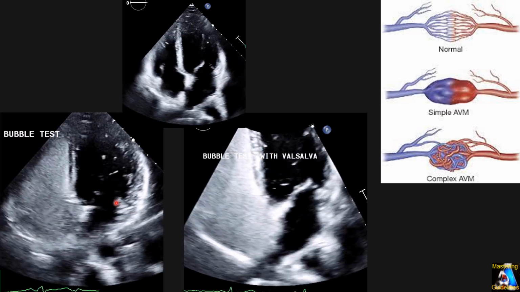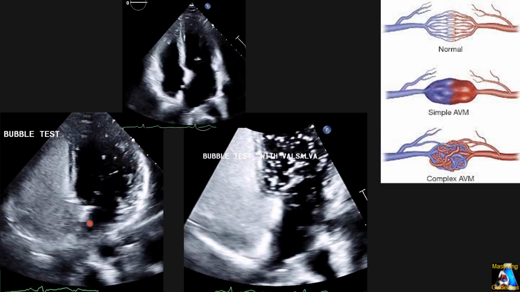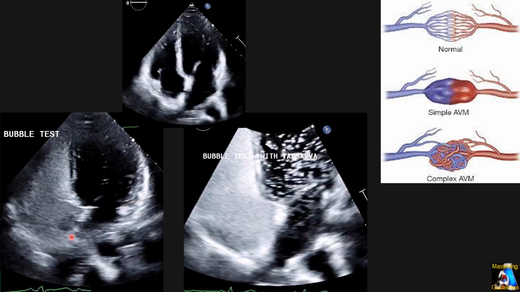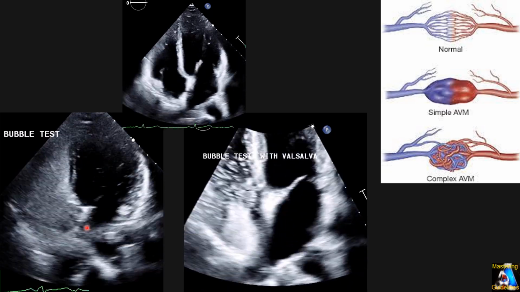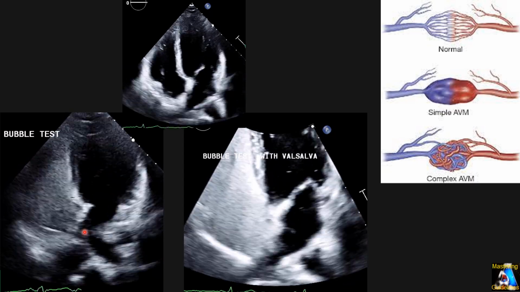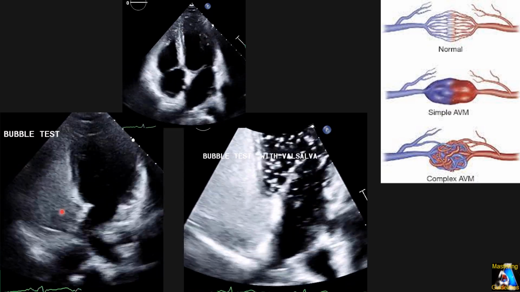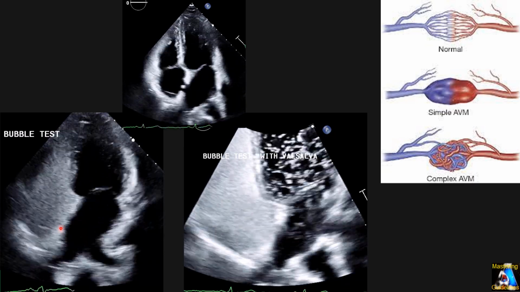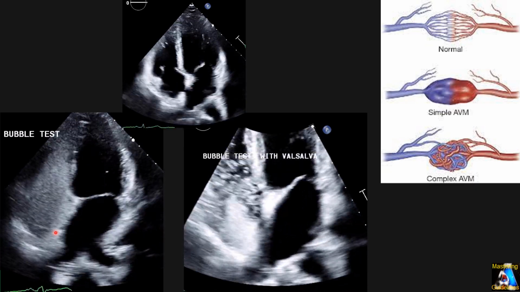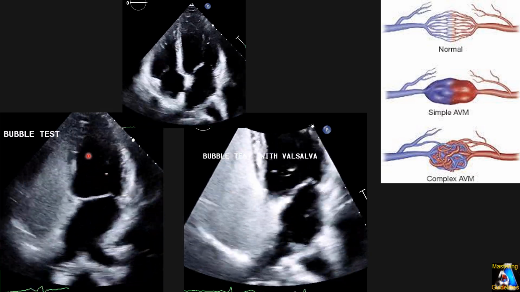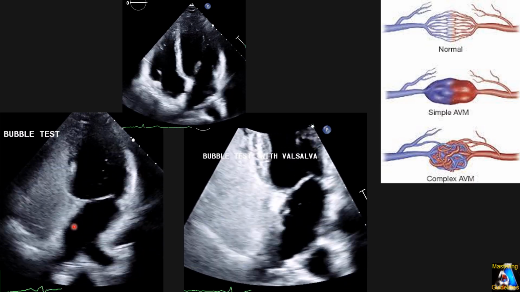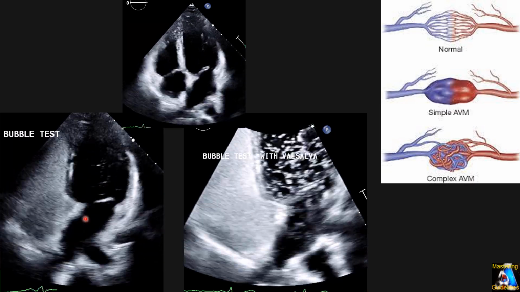As you can see, during some specific moment, the blood from the left side, the left atrium, goes to the right atrium and pushes away the bubbles, and causes a defect in that area here. So we have one right to left shunt and a left to right shunt. So we have a bidirectional shunt in this case.